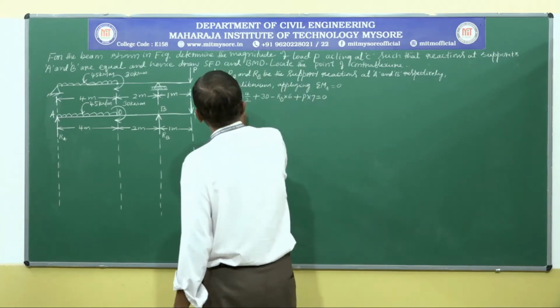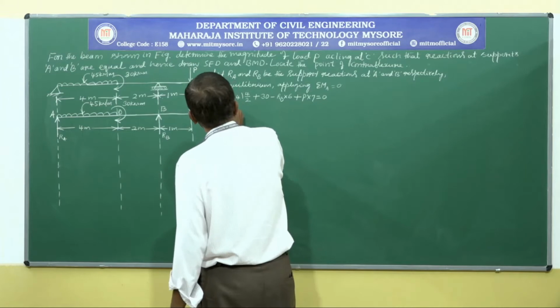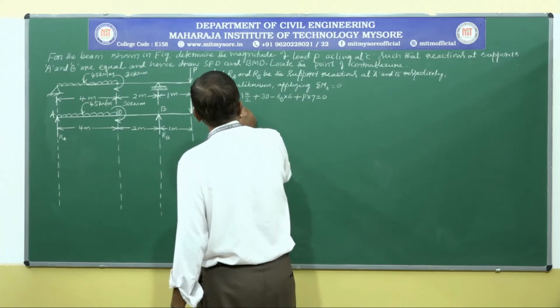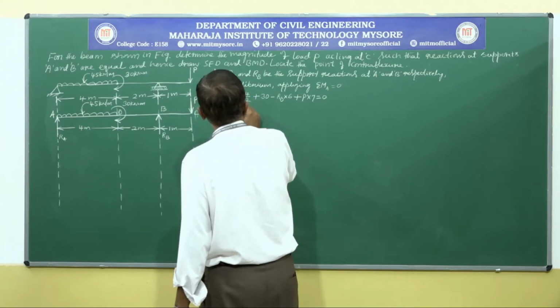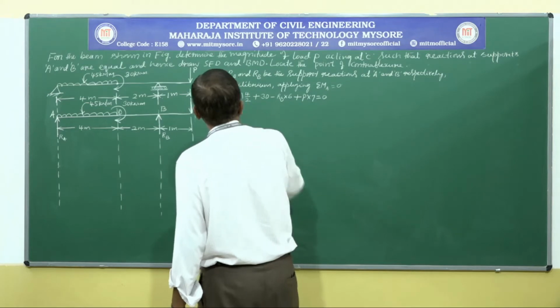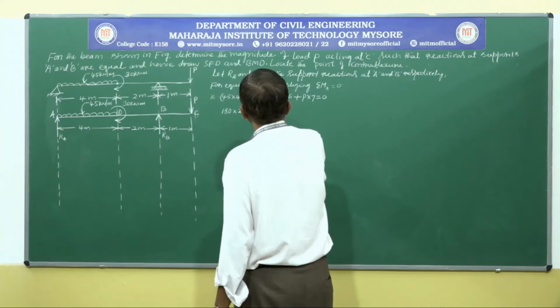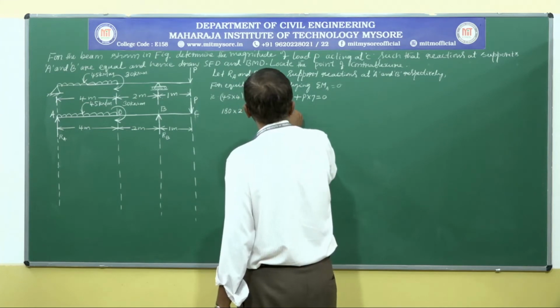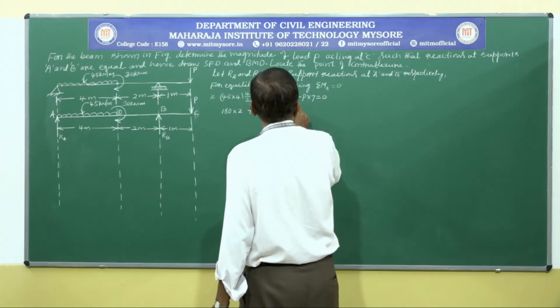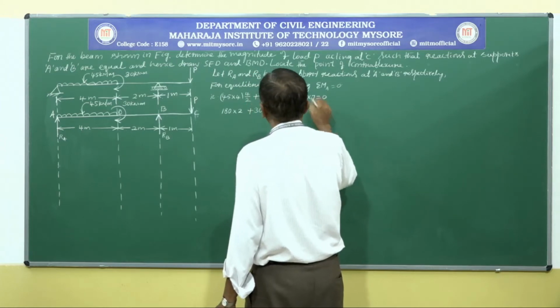So this is equal to 180 into 2 plus 30 minus 6 RB plus 7P, that is equal to 0.